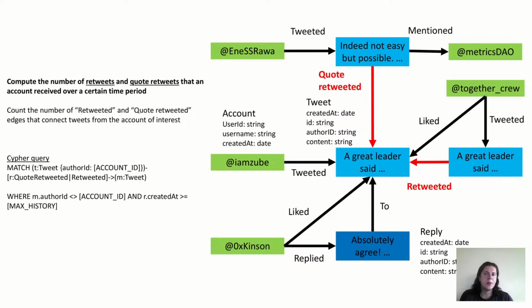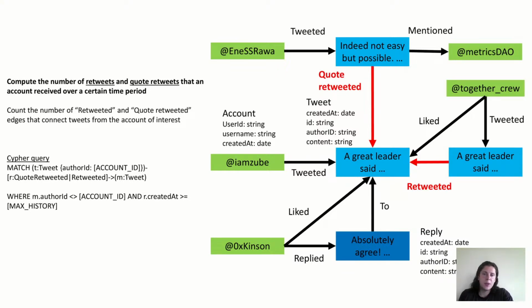And in addition, we were interested in a specific time period. So we also filter out all of the cases where the created at date is larger than some timestamp that we identify, or some date. And that is what you see in the third and a bit of the fourth line.